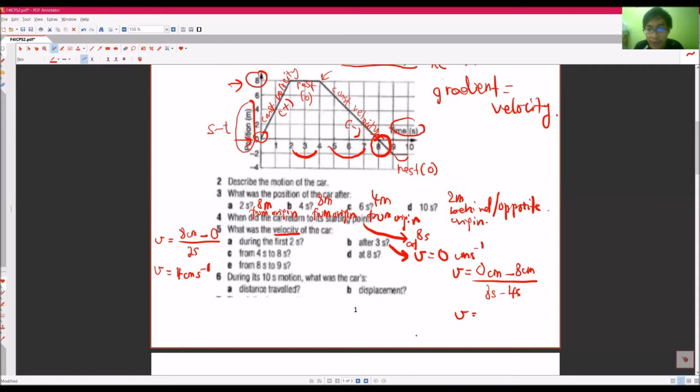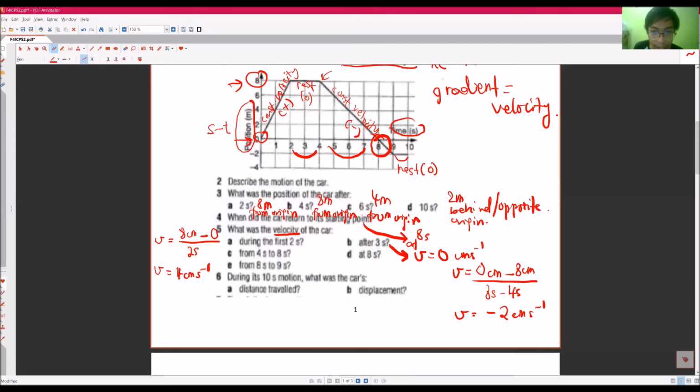We got negative 2 cm s^-1. So the negative sign here shows that it moved in the opposite direction. So basically it's true because we see that the car is actually moving towards the origin where it comes from and then passes through it.